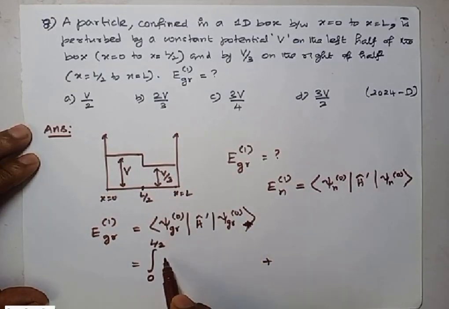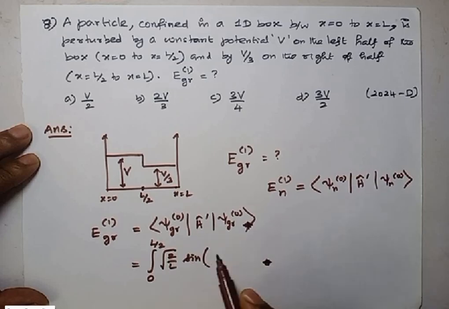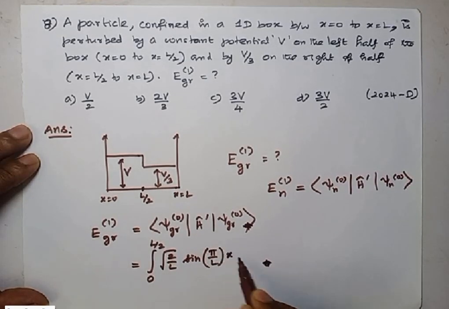You know very well the ground state wave function for a particle in a 1D box in the unperturbed box is square root of 2/L times sine of n pi by L into x. Since it is the ground state, n equal to 1.